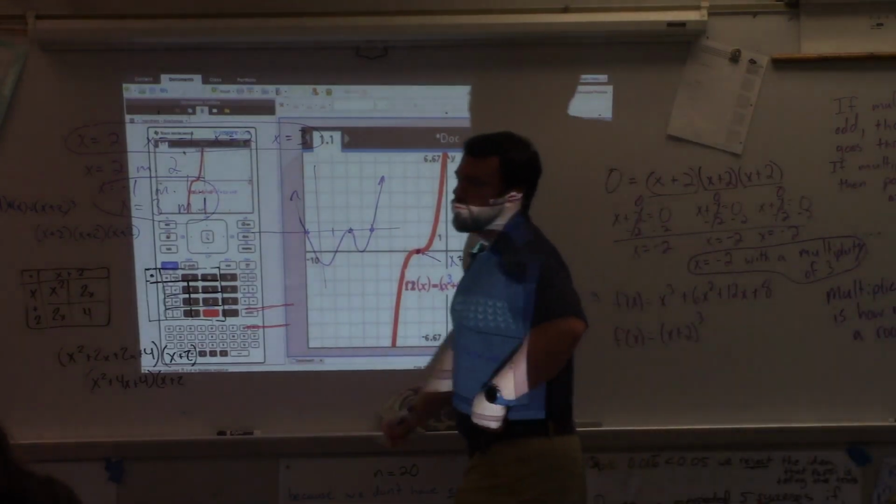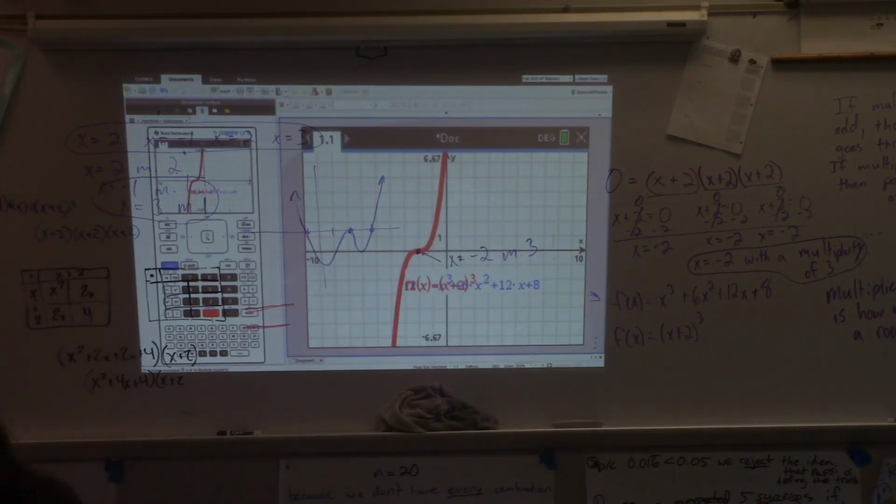So whether it's going through or bouncing at that x-intercept, that's what we need to pay attention to.